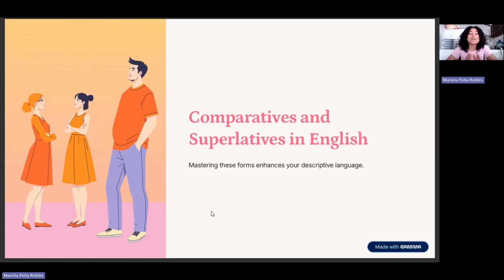They allow us to express difference, degree, and intensity when talking about people, objects, places, or situations. Mastering these forms strengthens descriptive language and enhances communication.